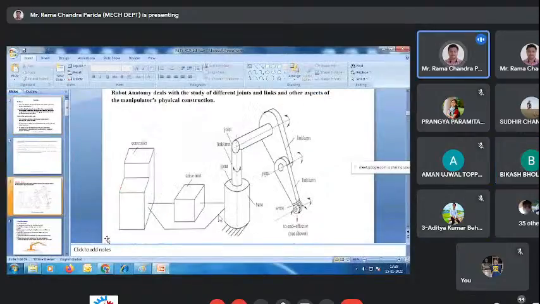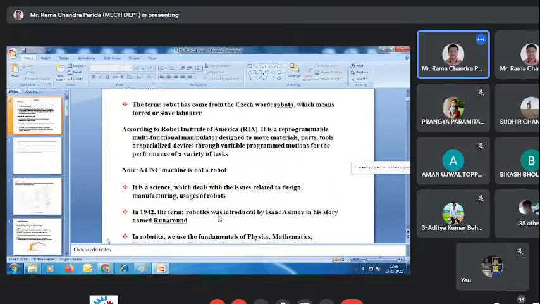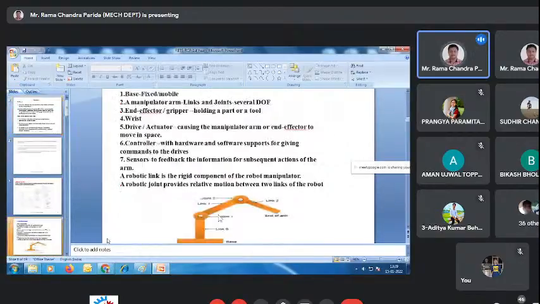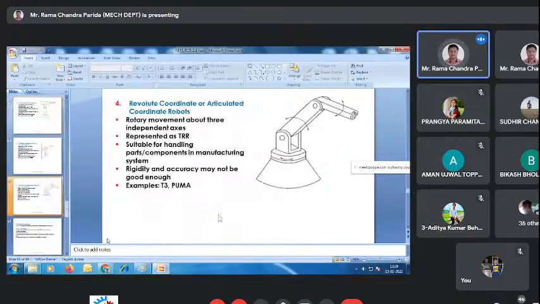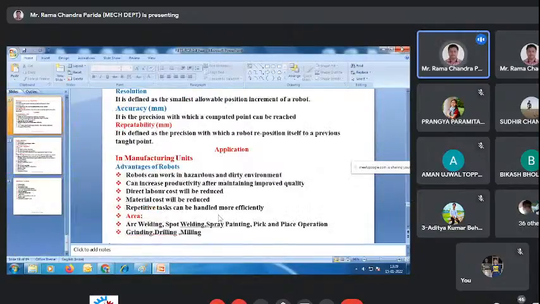So we'll discuss more from this chapter in the next class. Okay. So like this, a lot of parts remain from here. We'll discuss one by one. Your robot configuration, and then it will. I think this chapter will be over in the next class, and I will also give you the notes. Okay.